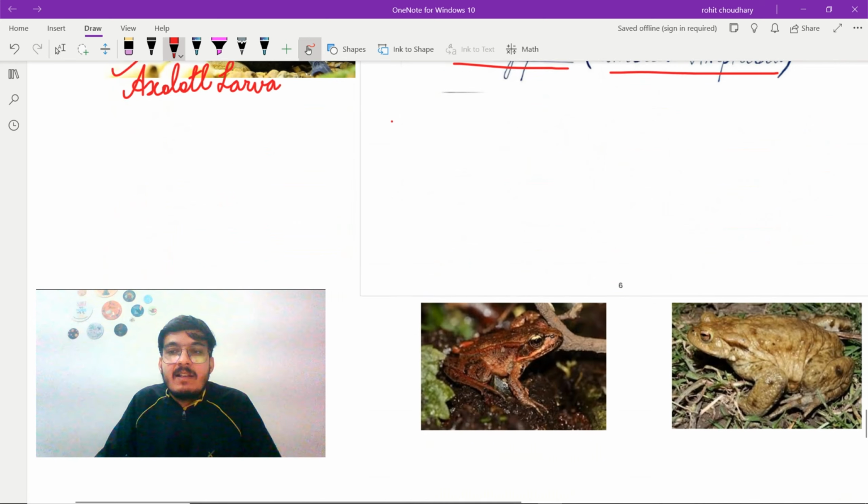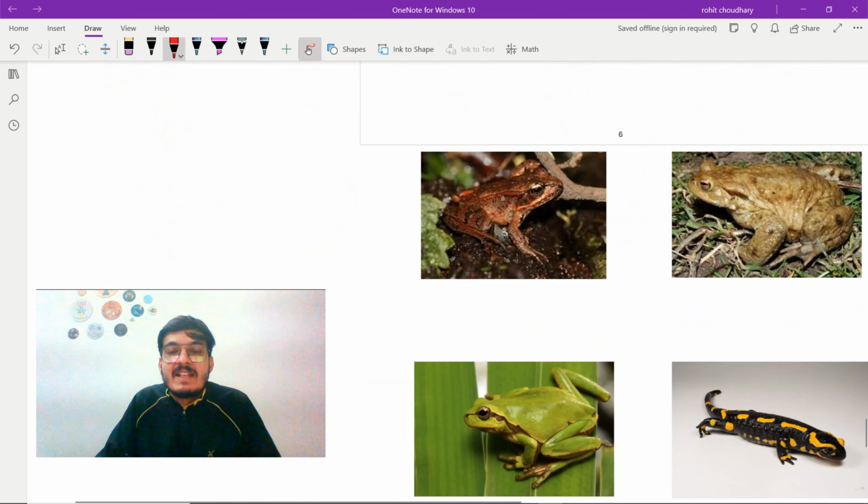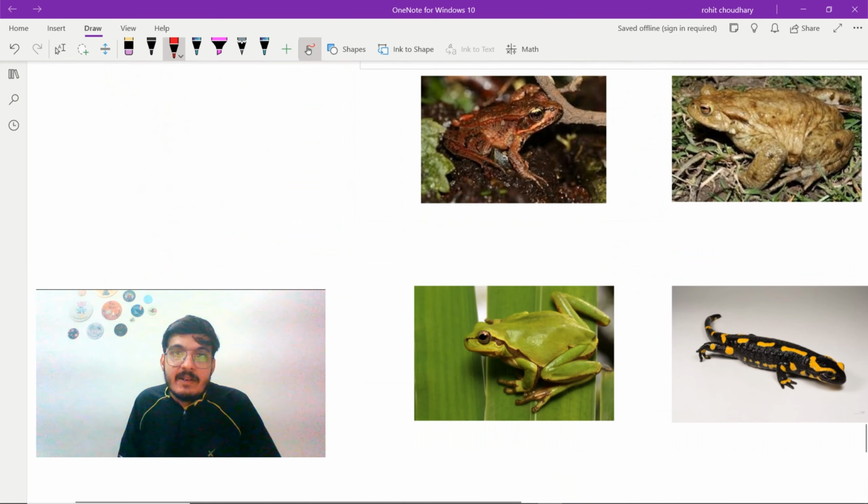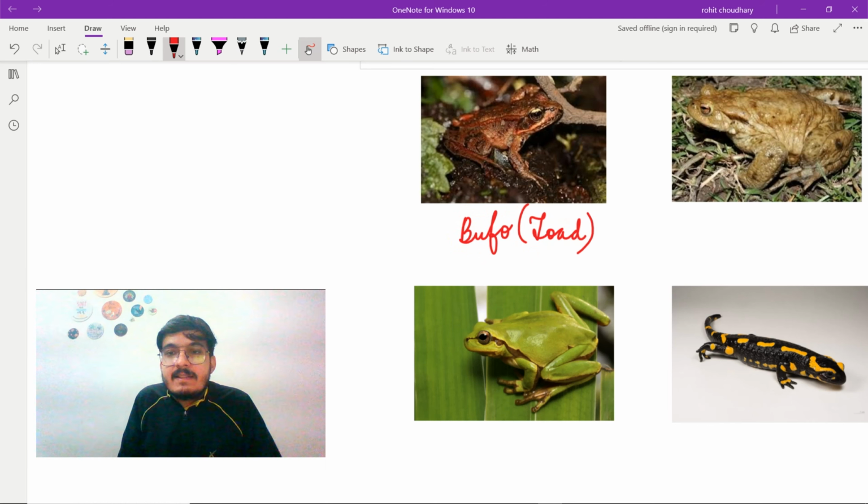So let's have a look at the pictures of the examples that we have just studied. This is bufo, commonly known as the common toad. This is Rana tigrina, commonly known as the bullfrog.